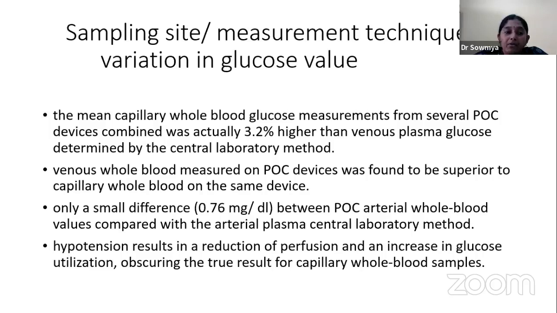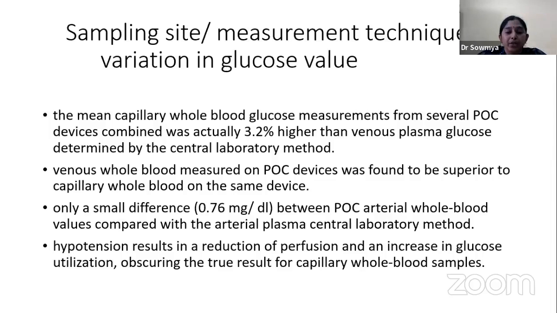And when we used venous whole blood with the glucometers, it was found to be superior when compared to the capillary whole blood. The same device was used for both venous and capillary whole blood, but venous whole blood was superior. And the difference was only 0.76 milligram per deciliter when glucometers were used for arterial whole blood and lab value was used for arterial whole blood.